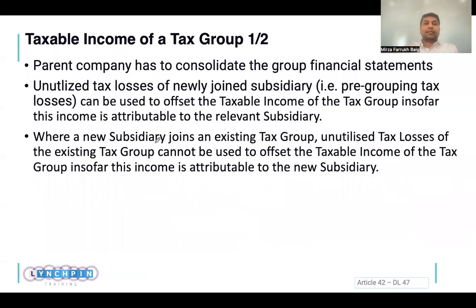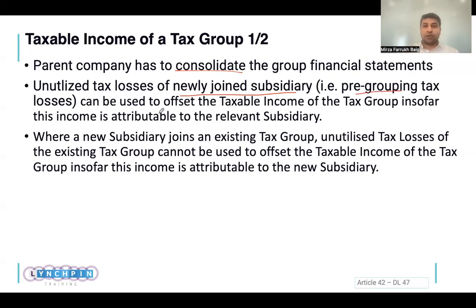Next, the parent company who would be doing the consolidation, it's their responsibility to consolidate. And say a newly joined subsidiary joins the group, and the subsidiary was independently having its own CT number and has some pre-grouping tax losses.